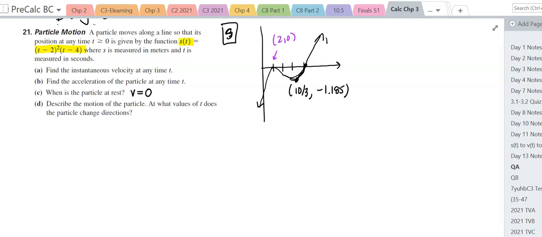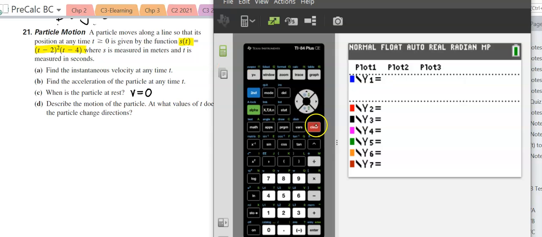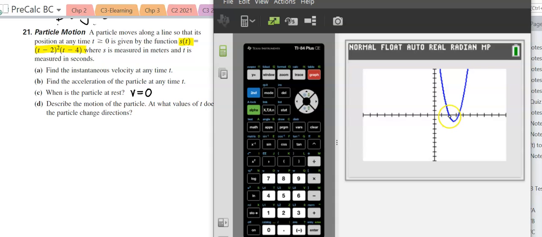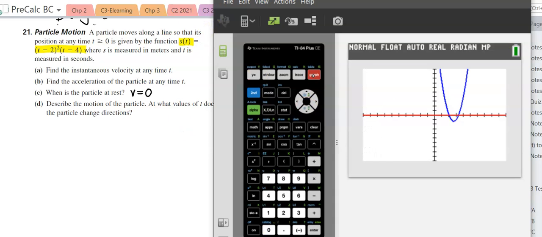All right, so now I'm going to graph V. And V's equation was 3x squared minus 16x plus 20. Okay, and we have an intercept at 2, 0, which I can see, and then I'm just going to find the other one.